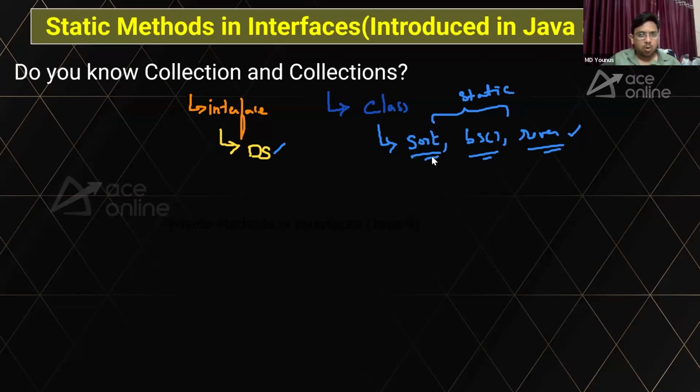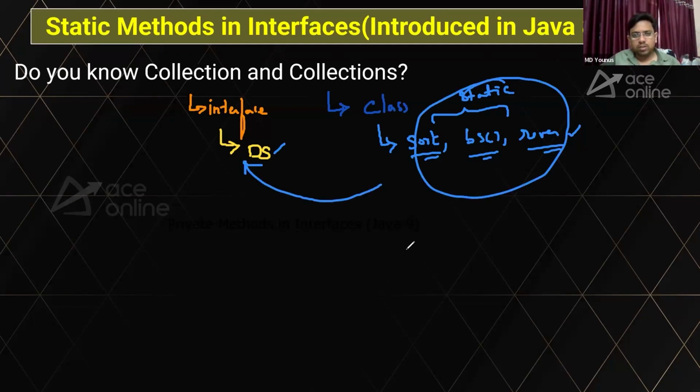Right. Now, my question to all of you, why have these two different things? Can I combine them in one? Can I add all these methods in this interface itself? How can we do that? Do you all get my point?